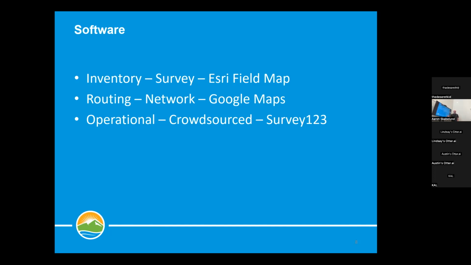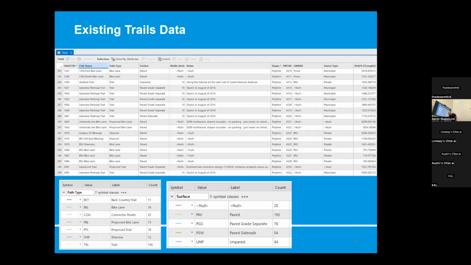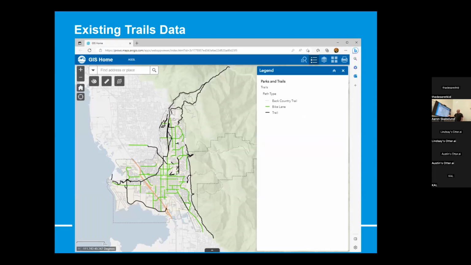And Provo is interested in, we've started this inventory of the parks and trails, but we oftentimes don't have the manpower to update it or to keep it current. And so we're interested in anybody who's willing to help with that in any way that we can.